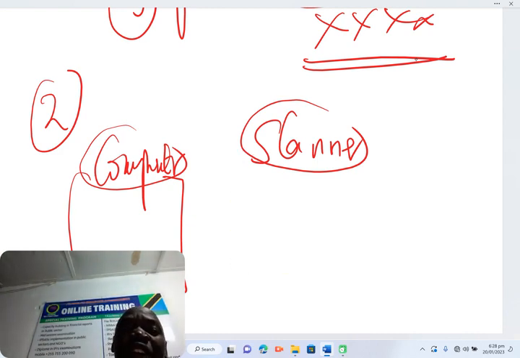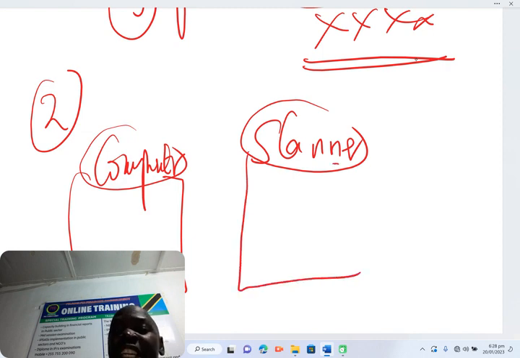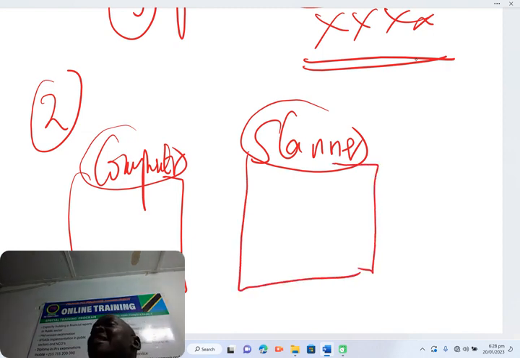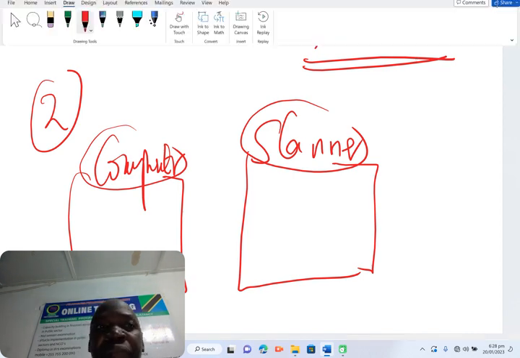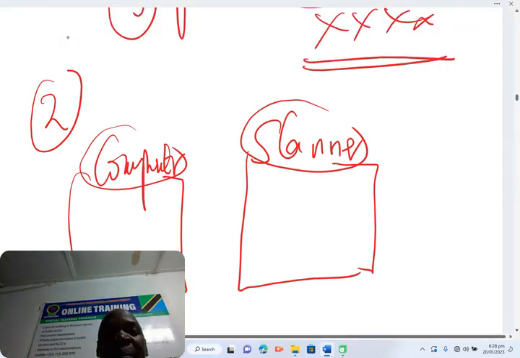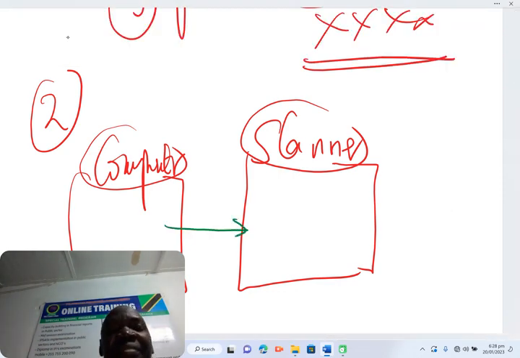And once you scan a document, you can convert it into a PDF form and send to somebody, or transfer elsewhere, and the service must be paid for. So exactly, you must have connections. Can you scan a document without having a computer? No. So we have a scanned document.